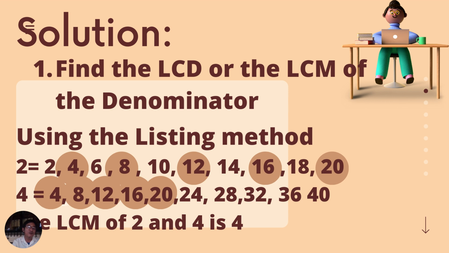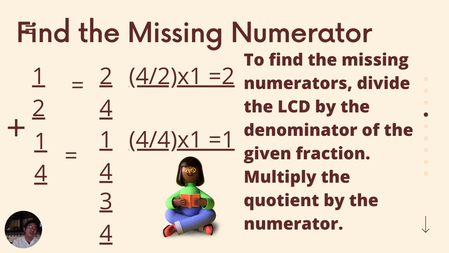The multiples of 4 are 4, 8, 12, 16, 20, 24, 28, 32, 36, and 40. The common multiples are 4, 8, 12, 16, and 20. But the least among all of those multiples is 4. So our LCD is 4. So write 4.